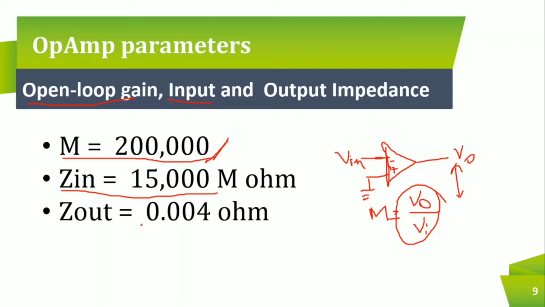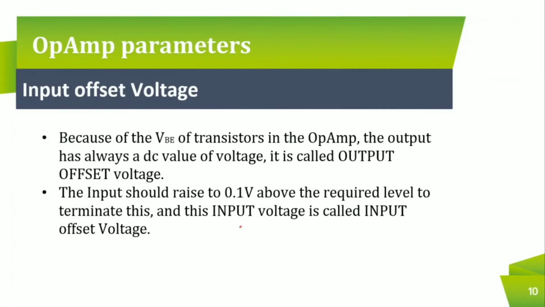This value should be as minimum as possible, ideally 0. But we are talking about the practical case, so the output impedance value is 0.004 ohm. These values are already specified by the op-amp manufacturer, so you need to understand them and design the circuit.